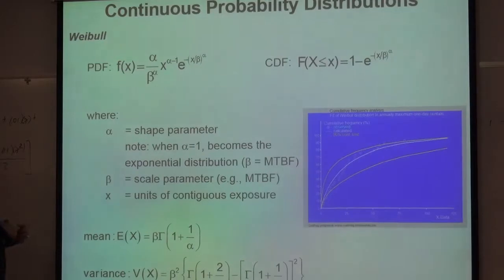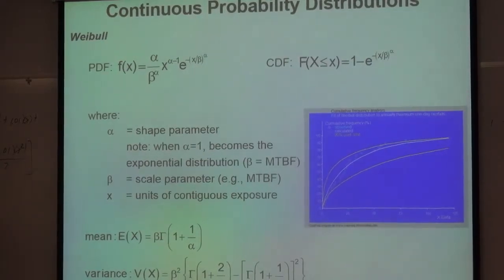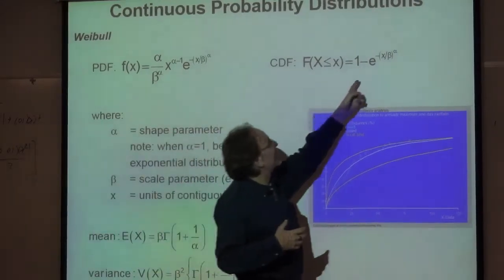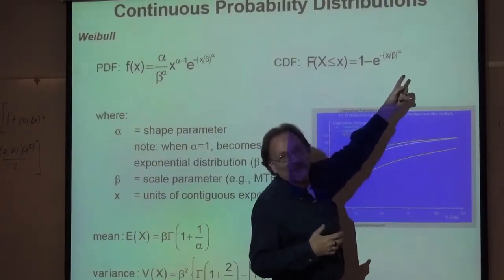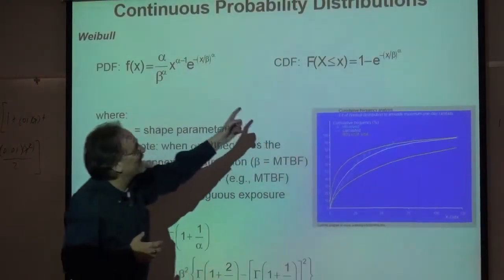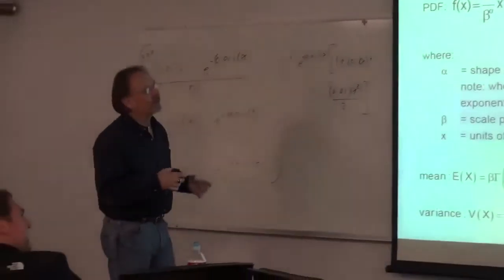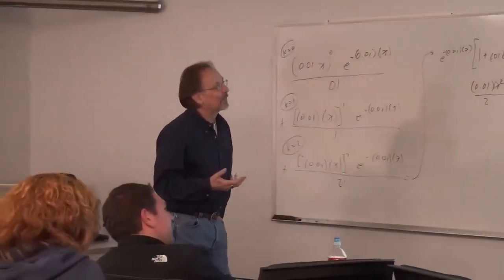Really what it does is it takes the exponential distribution and tweaks it by giving the exponent another exponent. So it raises the exponent to a power, therefore adjusting it somewhat.